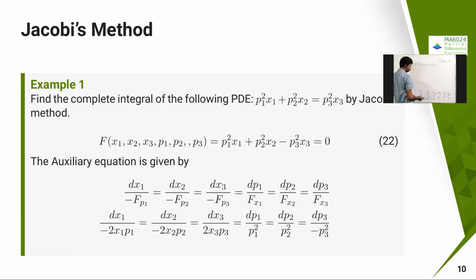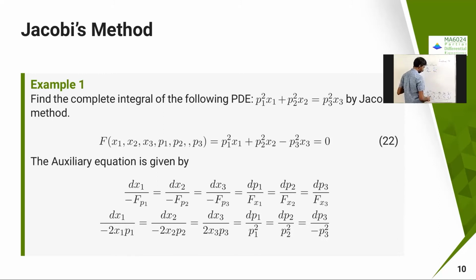Therefore I have to obtain this. So you are going to get dx1 by fp1, and fp1 is going to be 2p1 x1, so minus 2p1 x1, equal to dx2 divided by minus 2p2 x2, where you differentiate with respect to p2, and then dx3 divided by 2p3 x3.